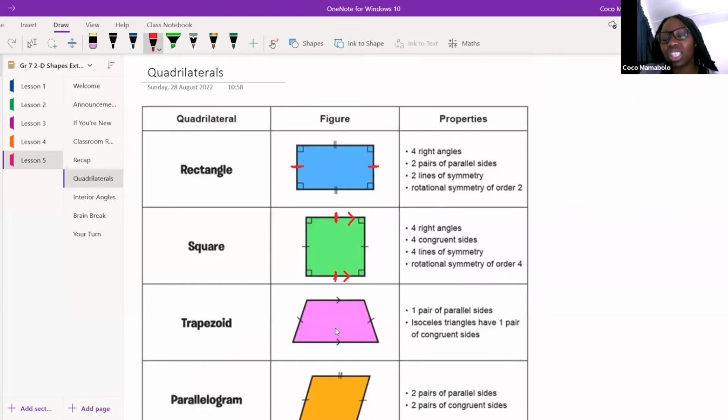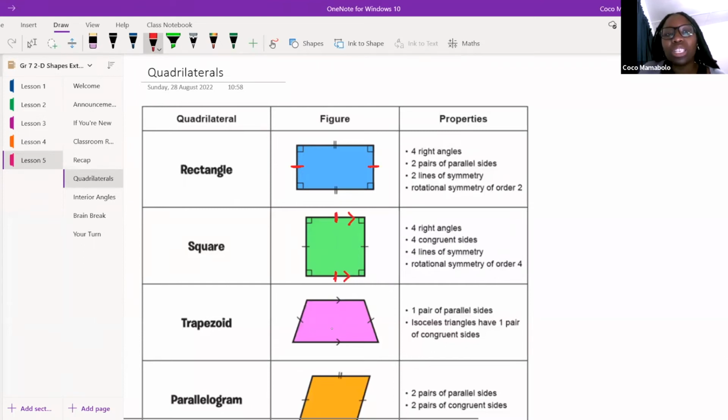Check in the chat. The lines mean that they are equal, and the arrows mean that they are parallel lines. Excellent. We need to remember that.